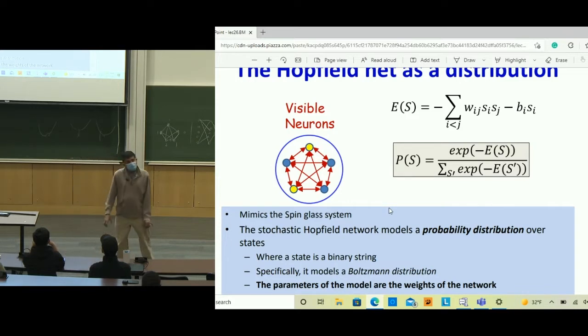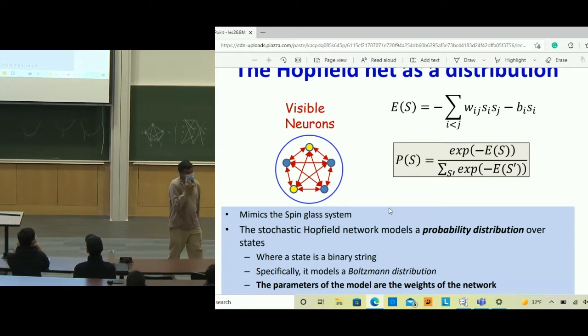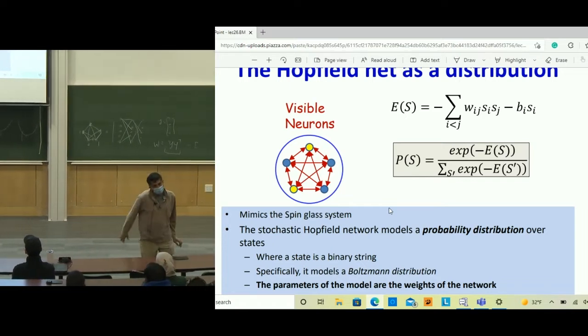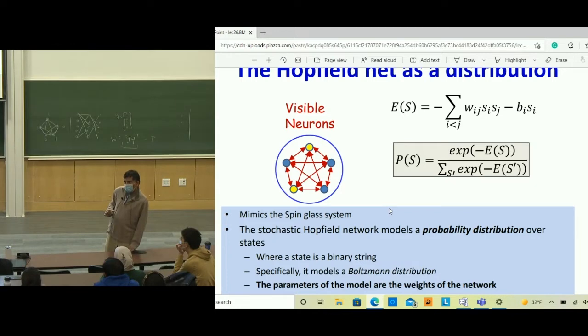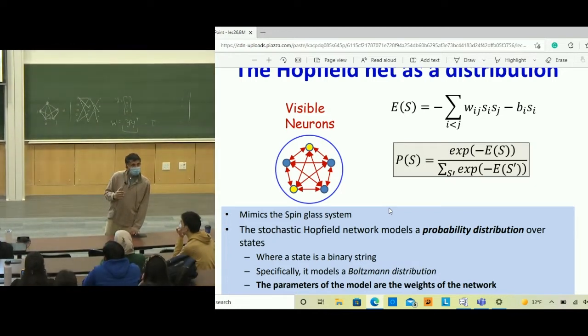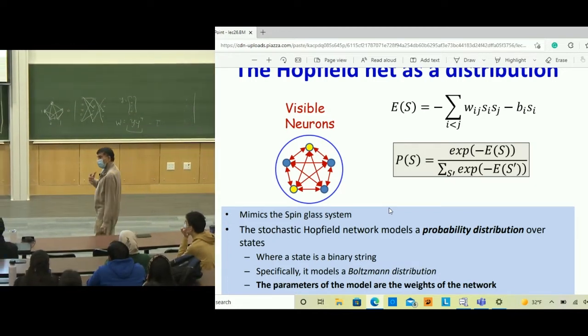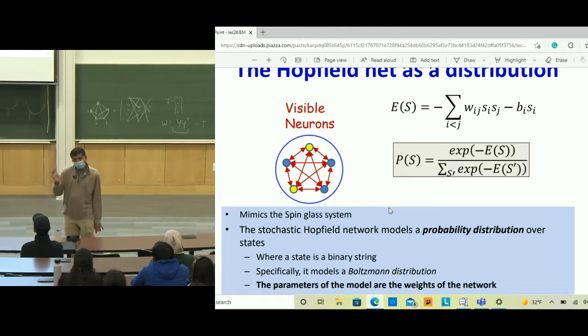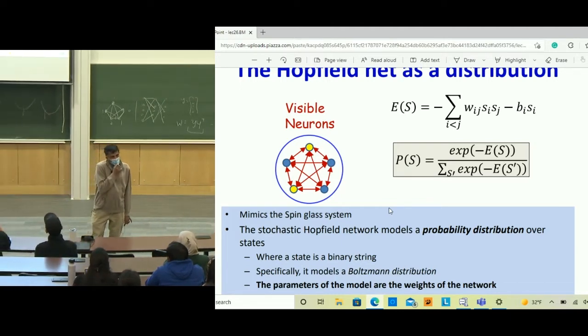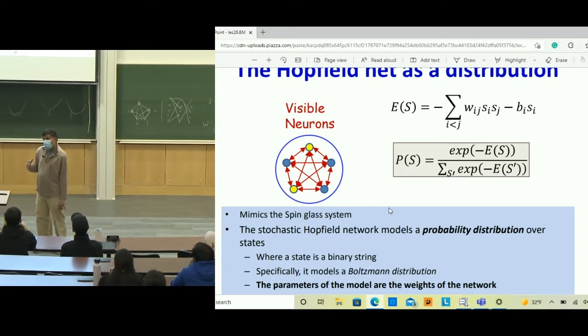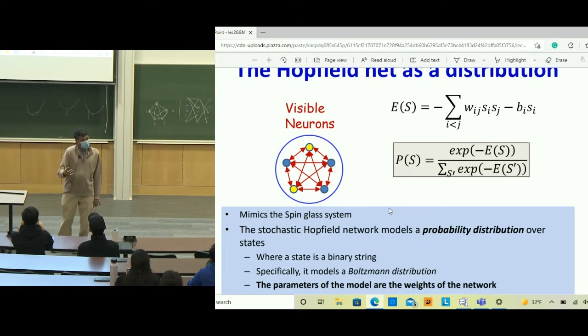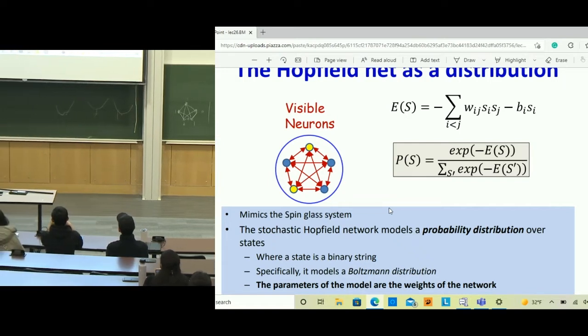And so this ends up being a generative model. You can just initialize the model and let it evolve. And eventually it's going to keep evolving through various states. You could sample it and take measurements. And if you took the measurements, those states that you would get are going to follow the Boltzmann distribution. So this is a generative model for a Boltzmann distribution. And the parameters of the model are the weights of the network itself.